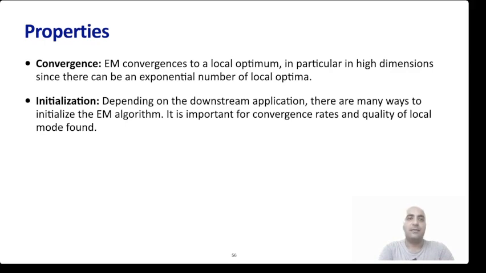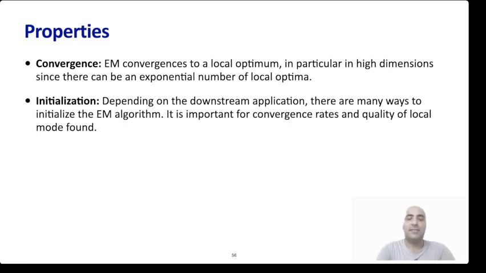And this is specifically important for high dimensional space, because the number of local optima is exponential in the high dimensional space. So it's very likely that the model stops in a local optima.